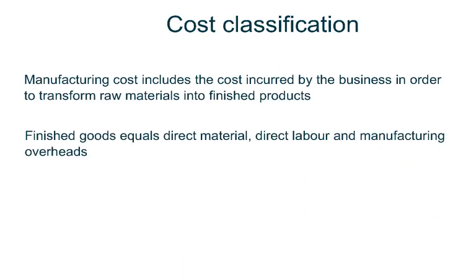When we look at cost classification, we will say that manufacturing cost includes all the costs incurred by the business in order to transfer raw materials into finished products. And so finished goods will include direct materials, direct labor, and manufacturing overheads.